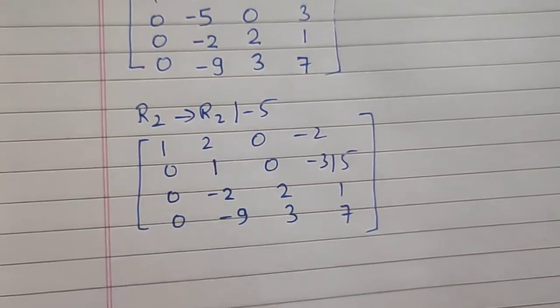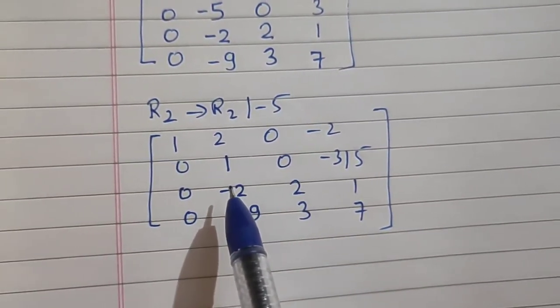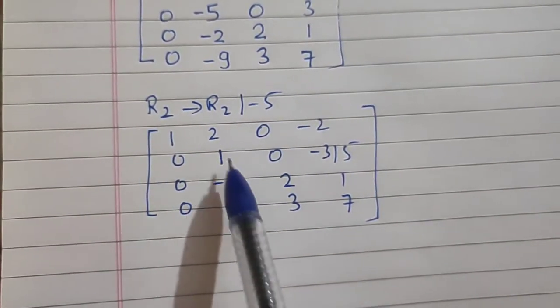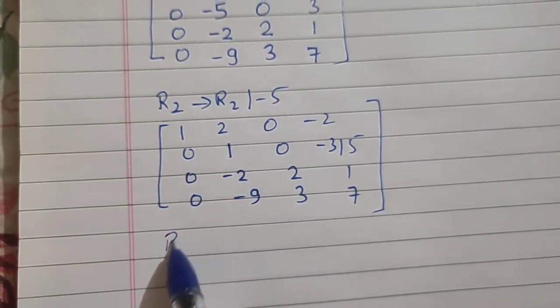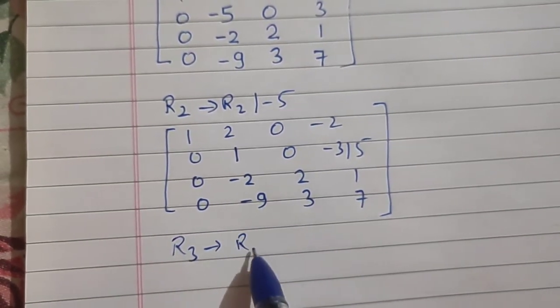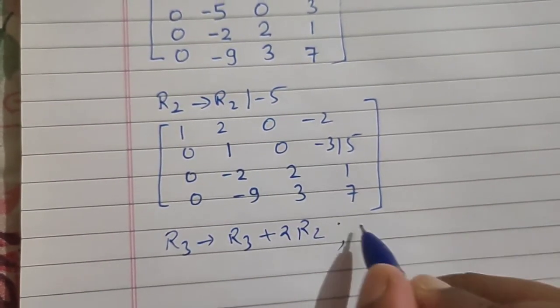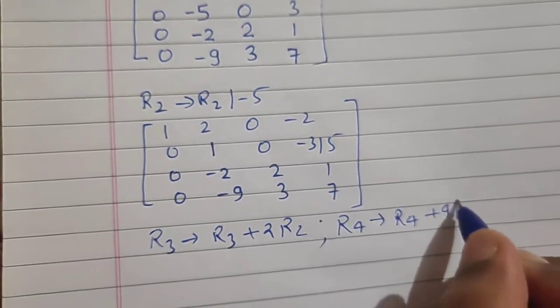Now this one is anyway fine, because the first non-zero element should be unity. Now with the help of this one, we want to make this and this 0, so I am writing R3 to R3 plus twice R2, and simultaneously I am using R4 to R4 plus 9 times R2.